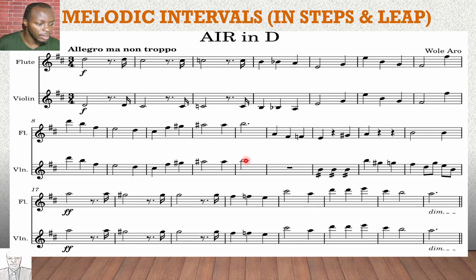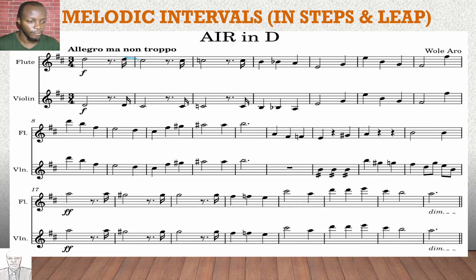We also have a leap downwards here, though there was a rest in between. You see, from that B down to the lower B, right? And you also have the same thing from that B down, leaping up. All right, let's discuss the points where we can have step intervals in detail.